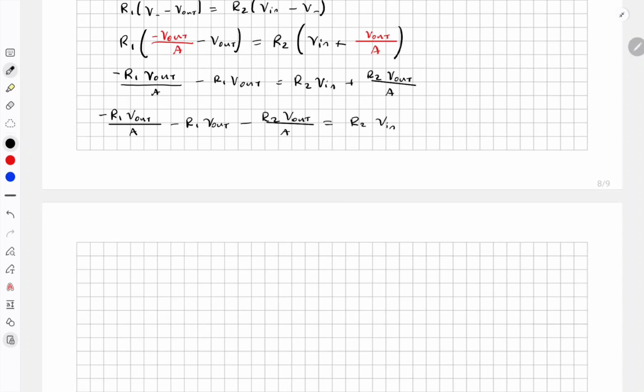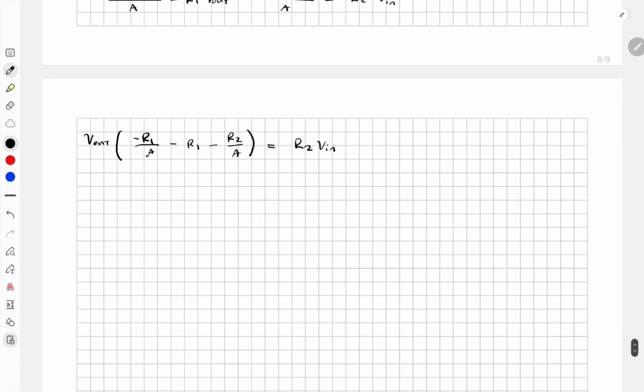We can distribute out the V out, so it becomes V out multiplied by (negative R1 over A minus R1 minus R2 divided by A) equals R2 V in.